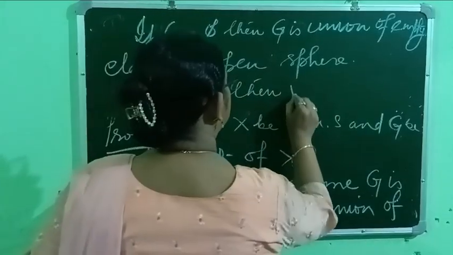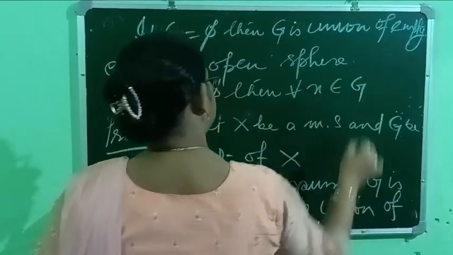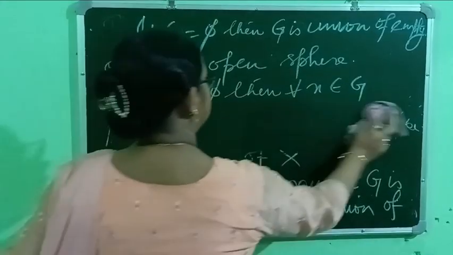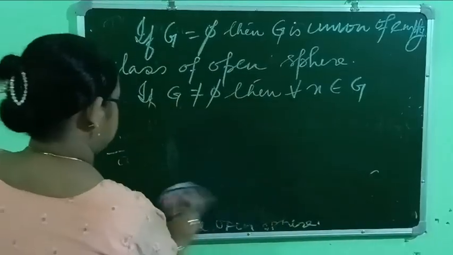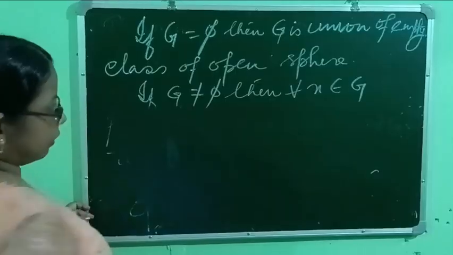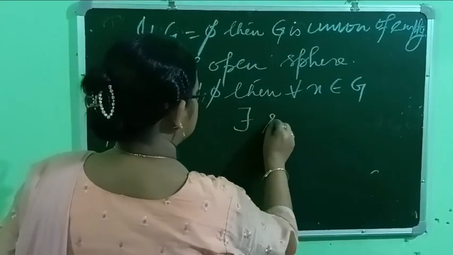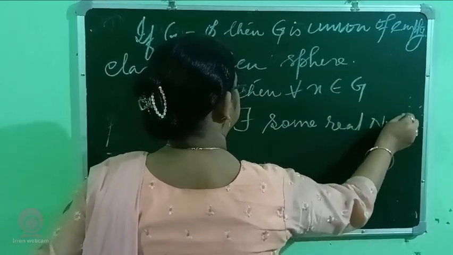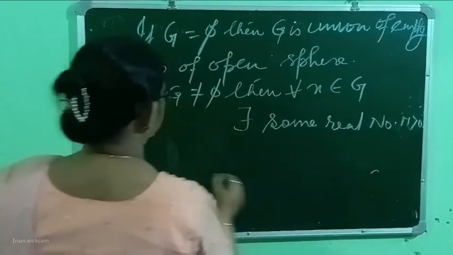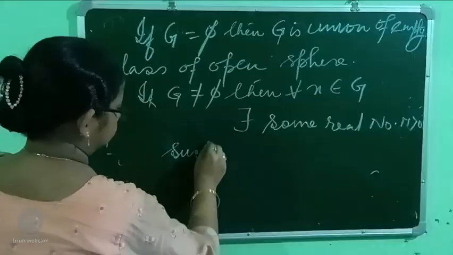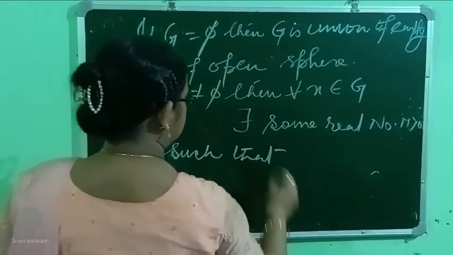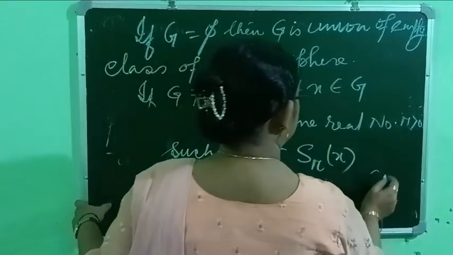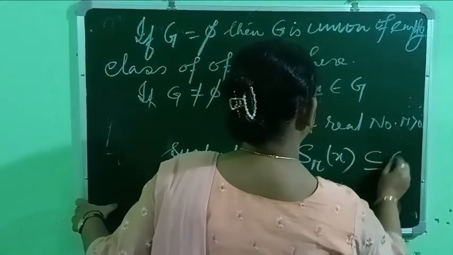That is, for all x in G, as G is an open set, there exists some real number r greater than 0 such that S_r(x) is a subset of G.